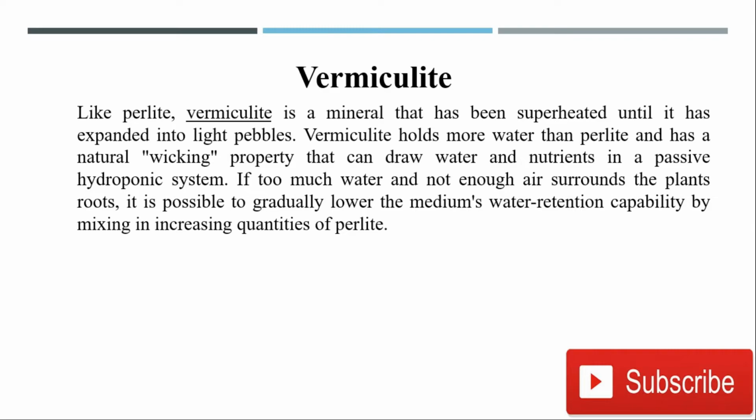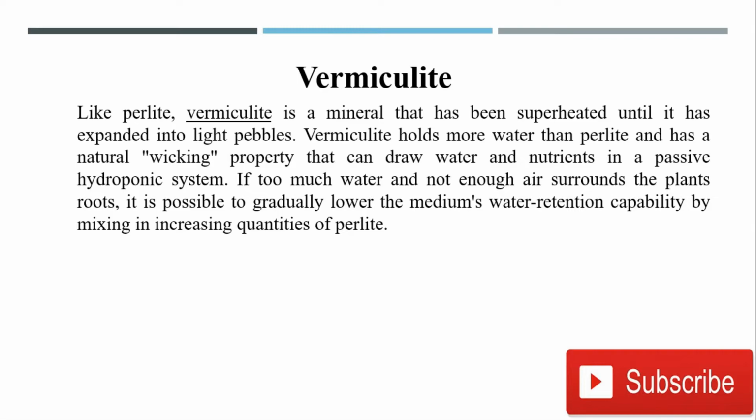Vermiculite is also an important medium that we can use for hydroponic growing. Vermiculite is a mineral superheated until it expands into light pebbles, and it holds more water than perlite and has a natural wicking property that can draw water and nutrients in a passive hydroponic system.